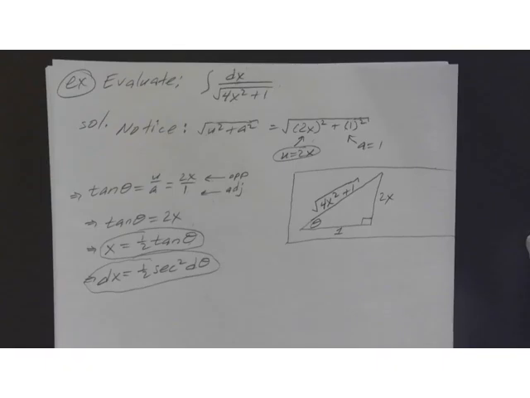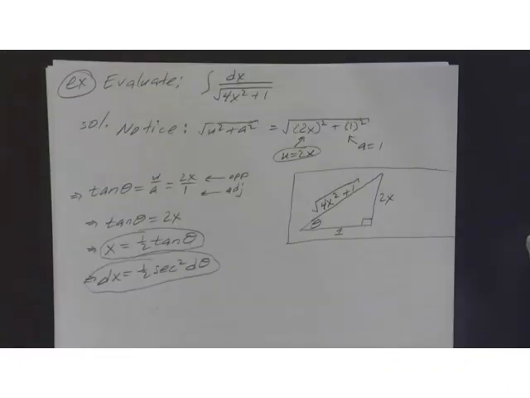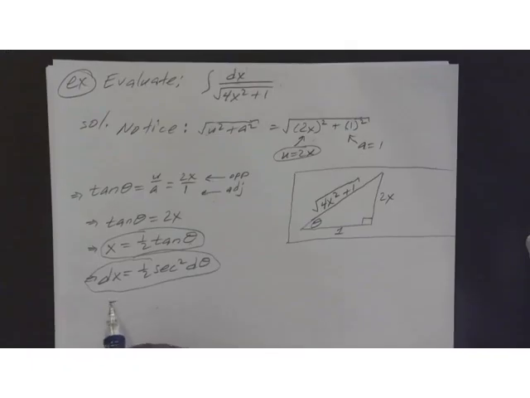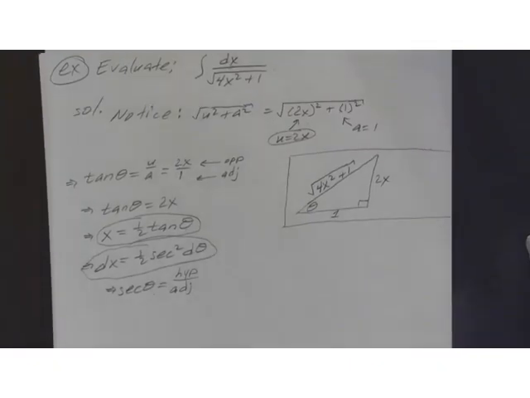Okay, and if you remember, we also need our secant. That's going to come in handy. Okay, so we know that secant of theta is equal to the hypotenuse over the adjacent, since it's the reciprocal of cosine.